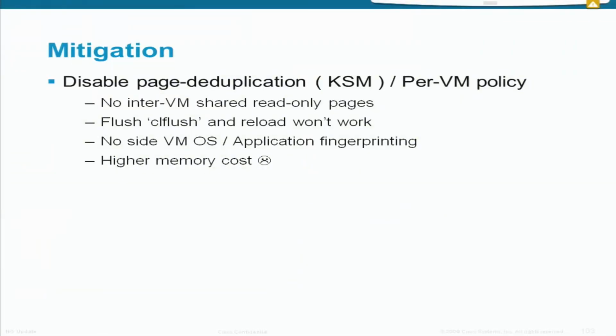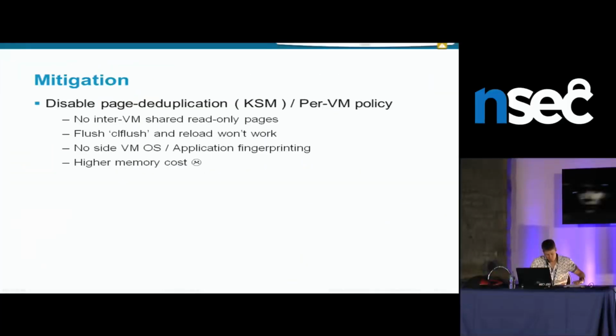Okay, sorry. So now the question is, what can we do to avoid that type of stuff? First thing, disable your KSM. Actually, newer implementations of the kernel don't do page dedup across VMs, so that's fine, per-VM policy essentially. So you get rid of the inter-VM shared page, good stuff.